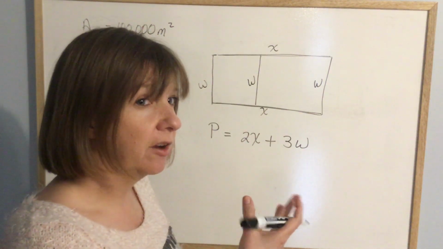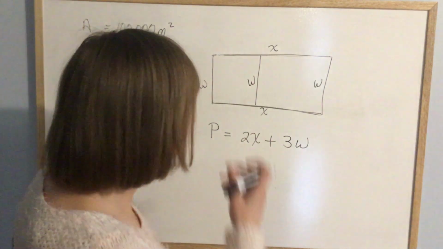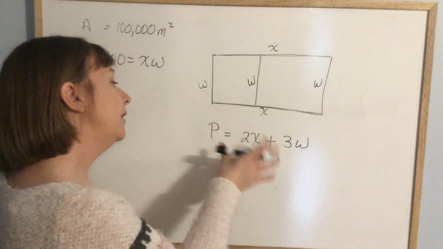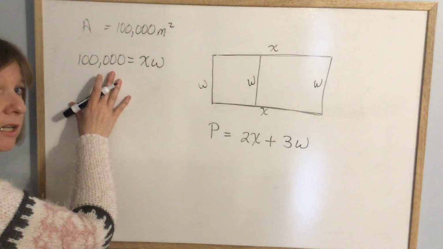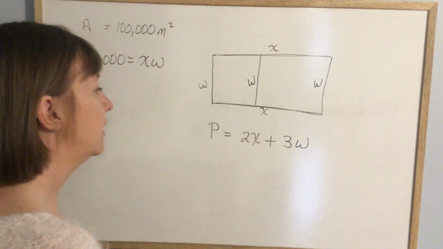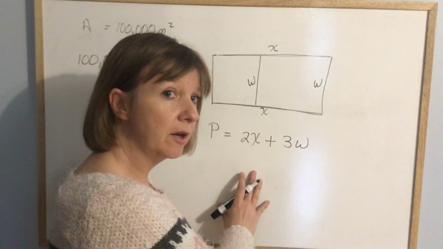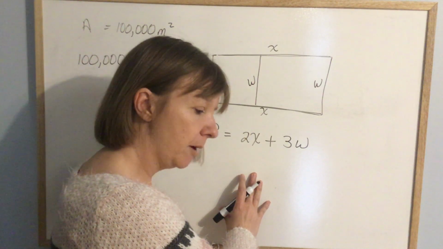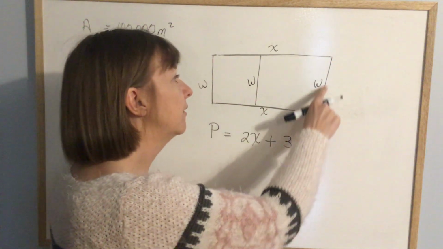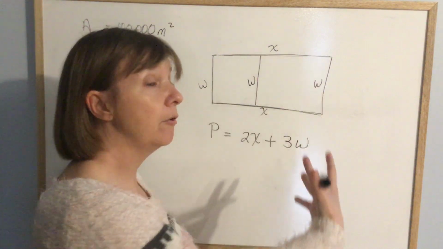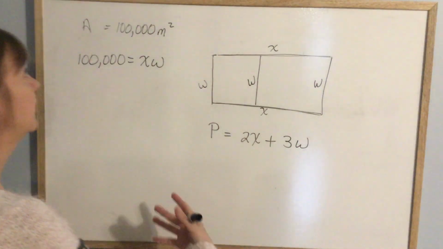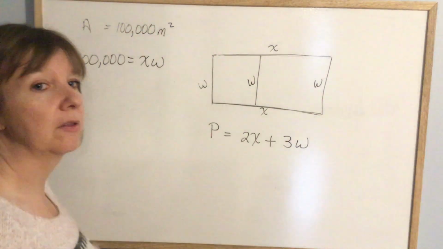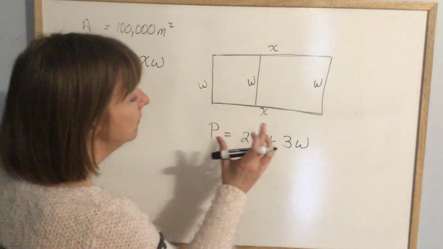It's helpful to draw a diagram so you can kind of see it a little bit. And this, I don't have any numbers for. For the area I did, but for this I don't have any numbers. This is what I'm trying to minimize. I'm trying to minimize the amount of stuff I need to put into the water to contain 100,000 square meters. So I'm trying to minimize this.